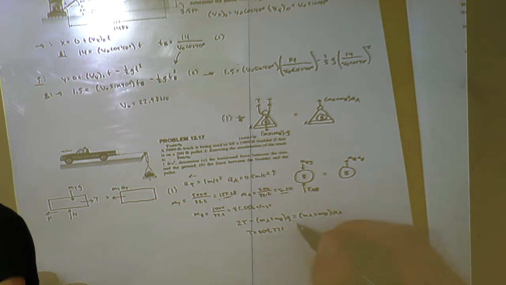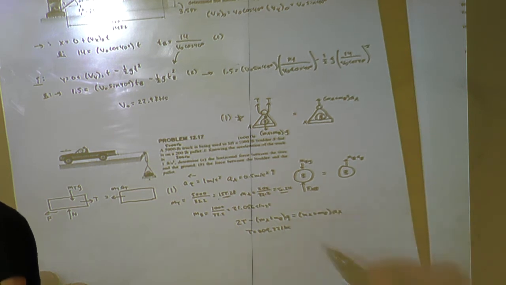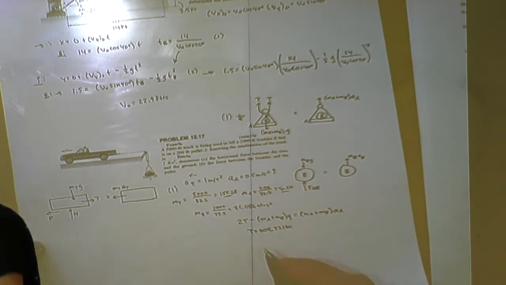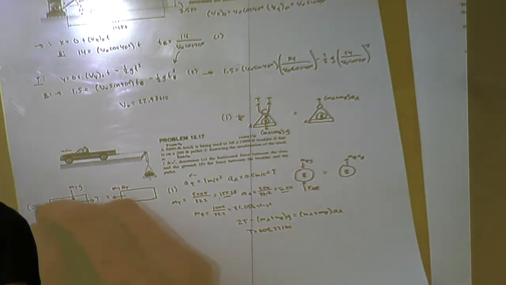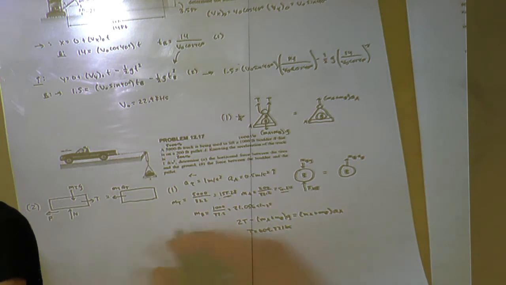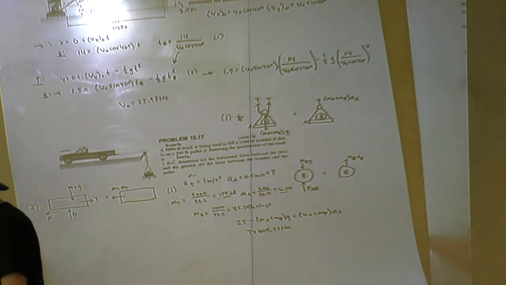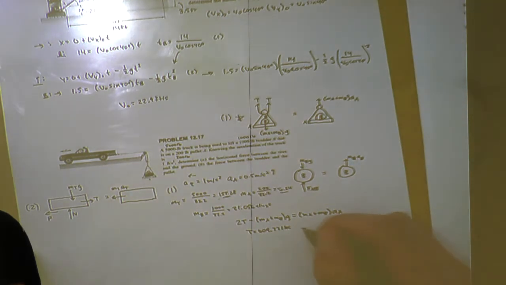Oh yeah, G's in there, so it'll be pounds. Then we're going to use this, the second part. Is that 609? Yeah, 609, sorry. 609.32 pounds.